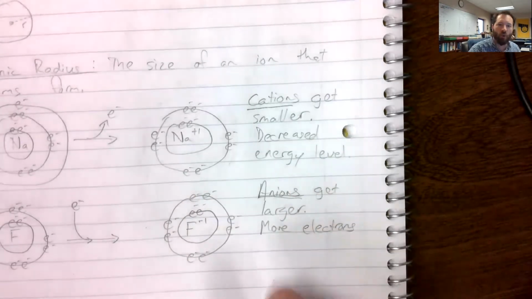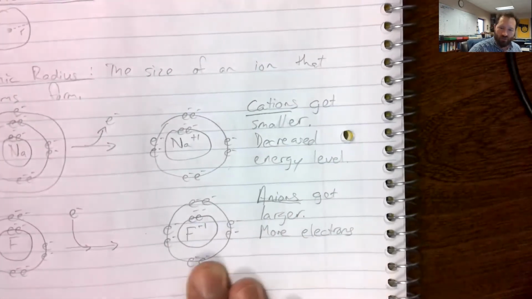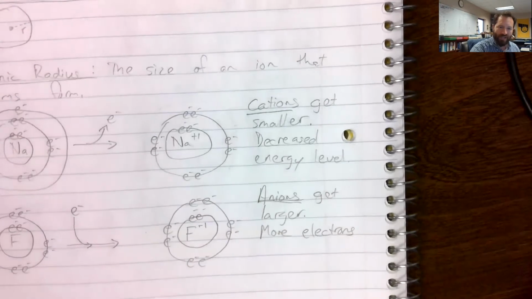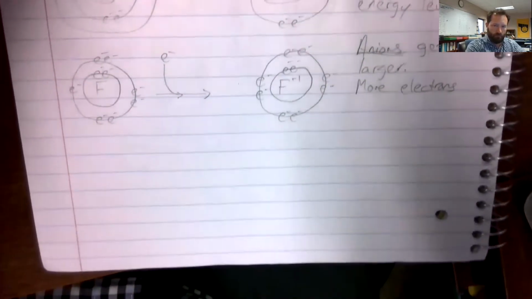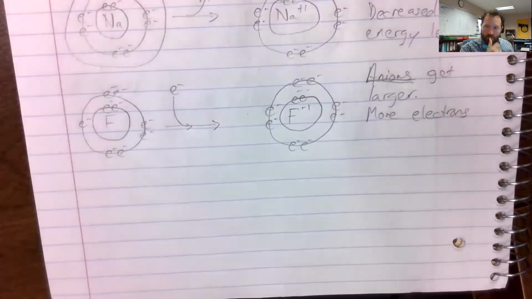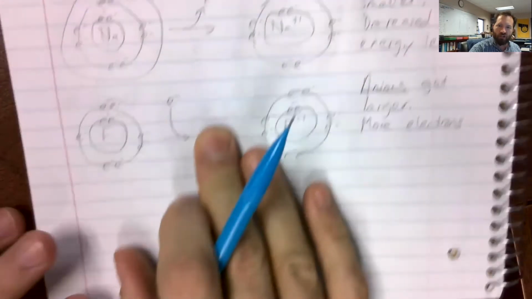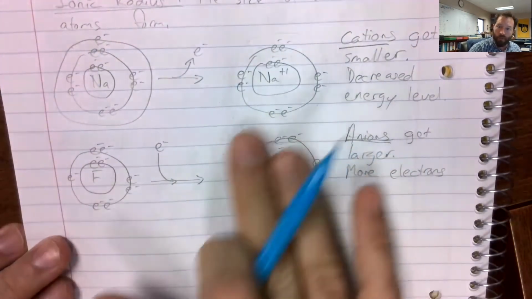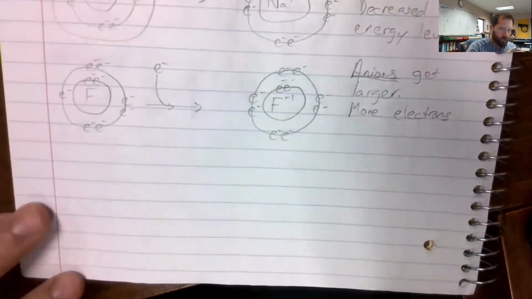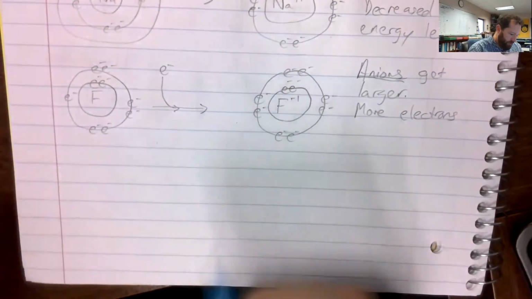They're going to kind of push away from one another. So more electrons makes it an anion and makes it just a little bit bigger. So kind of keep that in mind as we work through this unit. Our cations get smaller, they lose an energy level. Our anions get bigger, they're gaining more electrons.